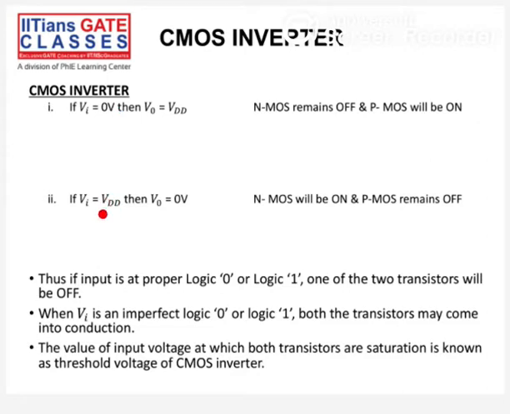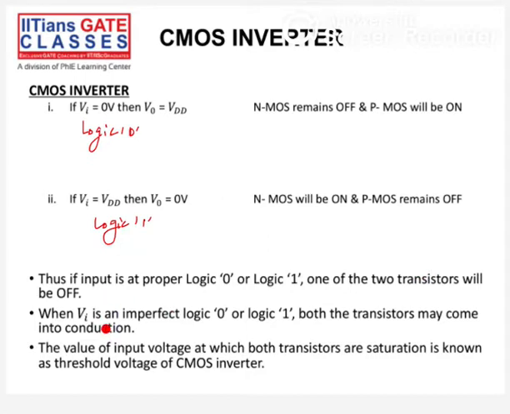VDD means logic 1. And Vi equal to 0 means logic 0. So in one of these two cases, one of our two transistors will be in the off condition.